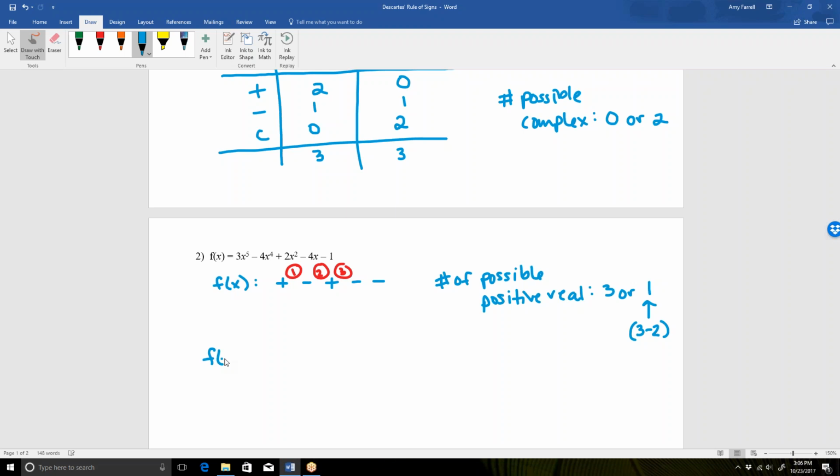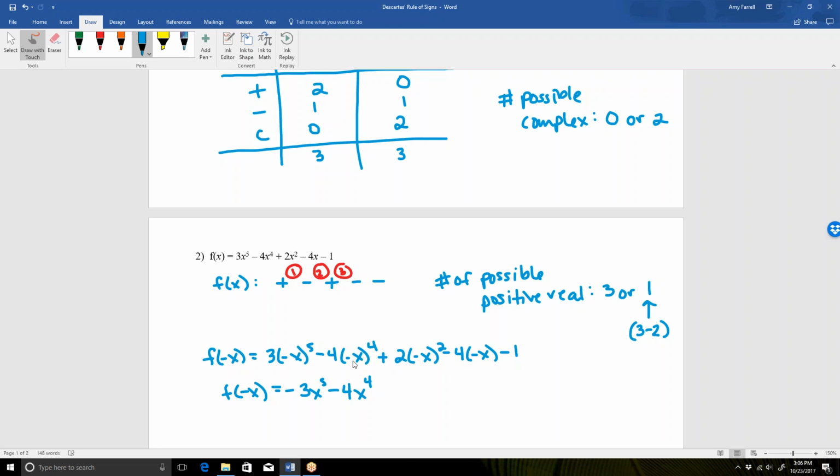Okay, now we look at f of negative x. So we're going to substitute negative x into the equation. So f of negative x is equal to negative 3x to the fifth, because negative x to the fifth power is negative, minus 4x to the fourth.